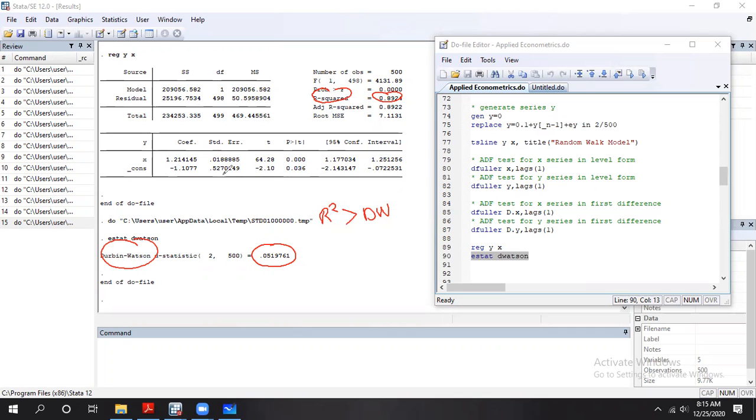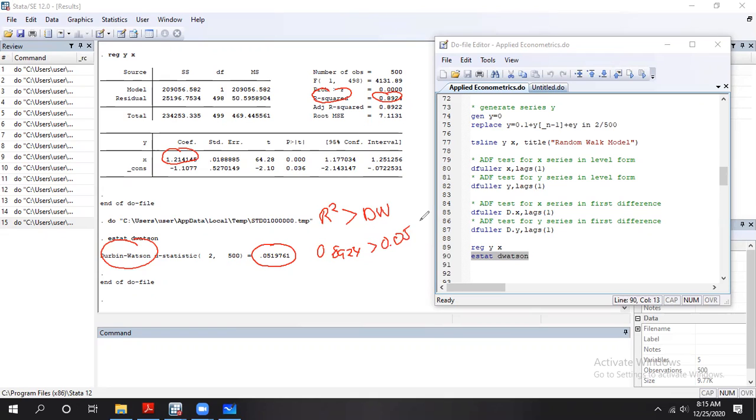Maybe the result, the coefficients and t-statistics and so on, is spurious. This is the rule of thumb given by Granger and Newbold: when R square is larger than the Durbin-Watson. In this case, the R square is 0.8924, which is larger compared to 0.05.